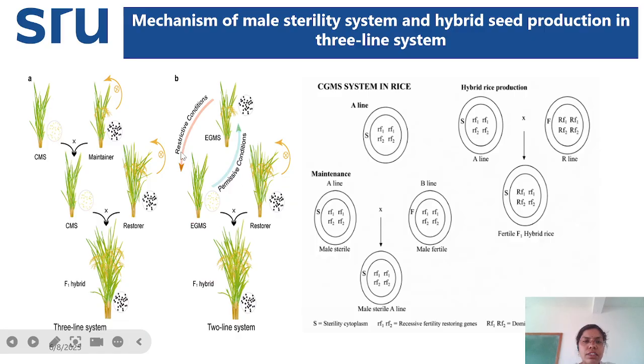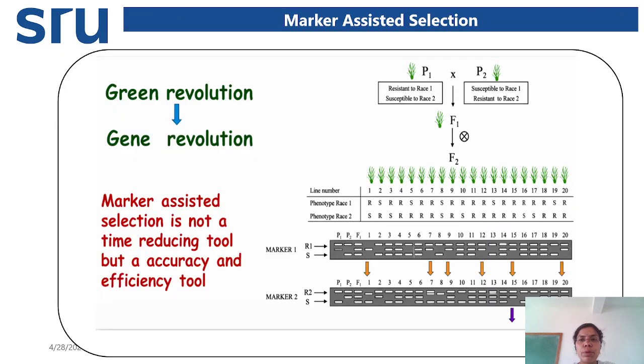Those lines will be crossed with the restorer lines and we'll get the F1 hybrid. So based on the environment, the lines will convert into fertile or they will convert into sterile. That is nothing but environment sensitive genetic male sterility. So this three-line and two-line system are widely used in the rice hybrid seed production, and a one-line system is also used, that is through apomixis.